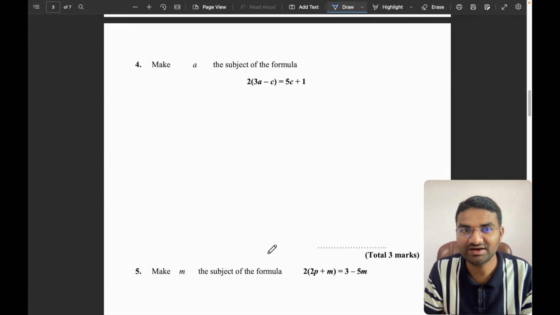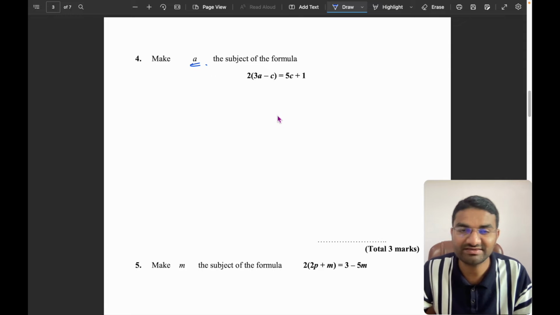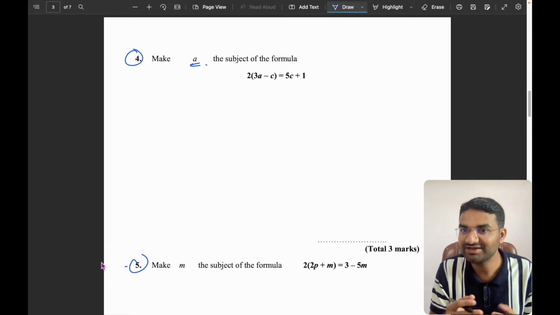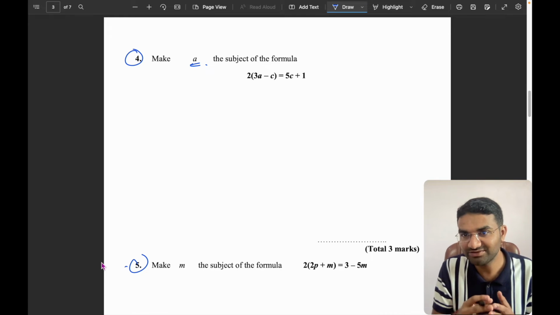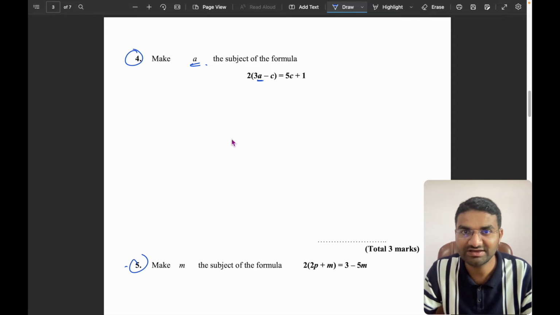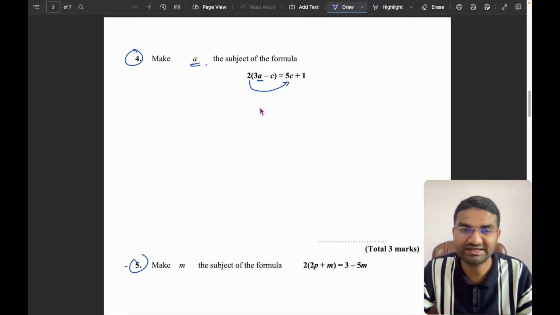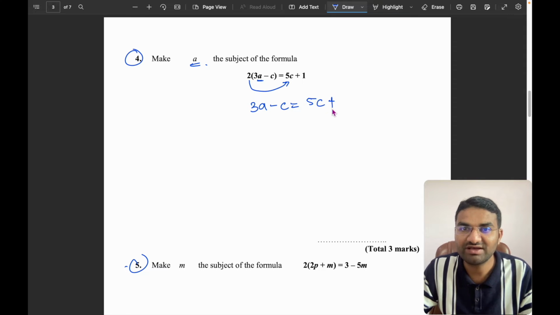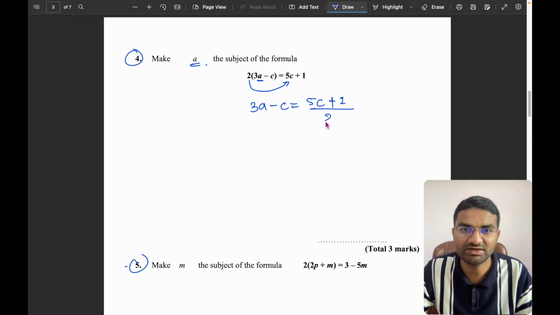Then next, here you have to make A the subject. I would suggest for questions 4 and 5, stop this video, take these 2 questions and solve them, and then start this video for the answer. Okay, so here you have to make A the subject, right? Then transfer this 2 to the right hand side. 3A minus C is equal to 5C plus 1 divided by 2.